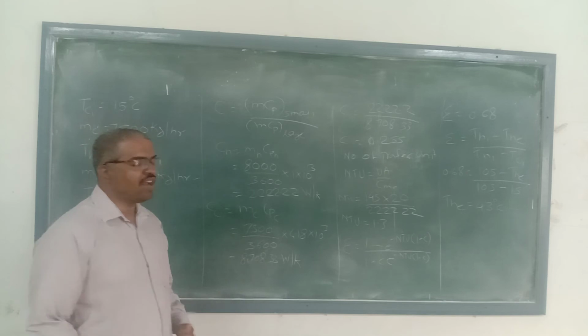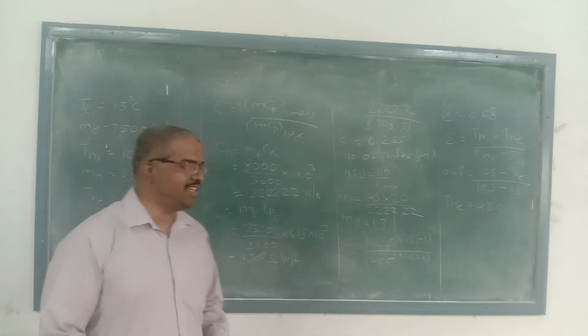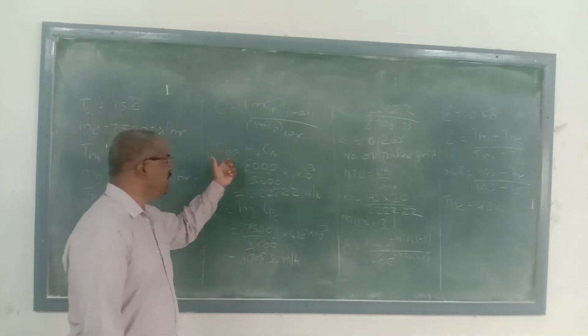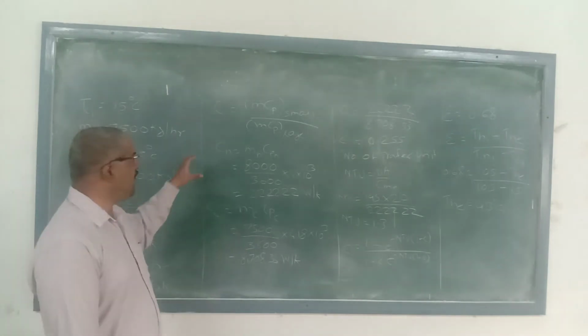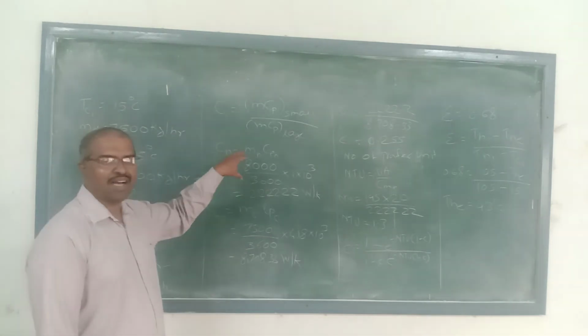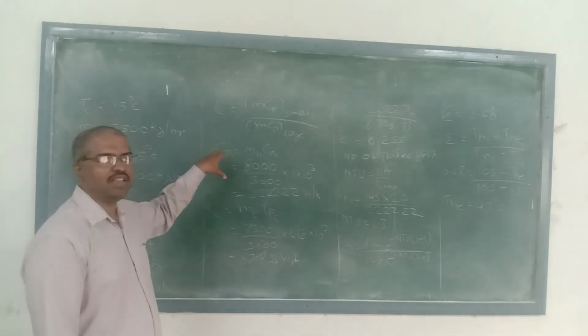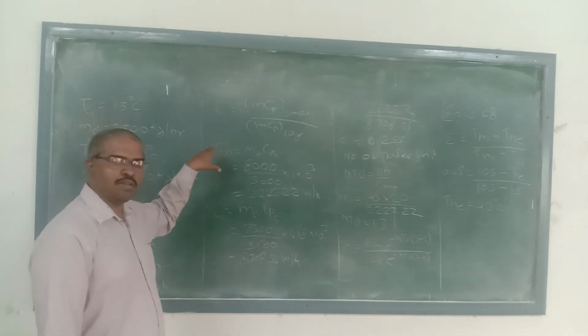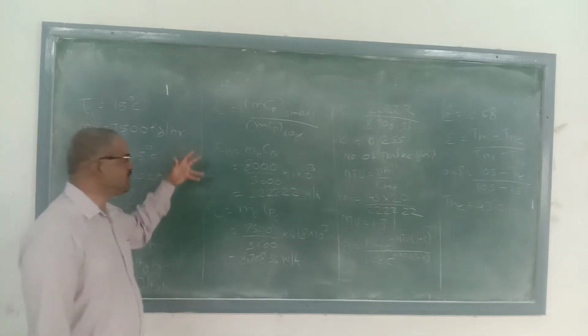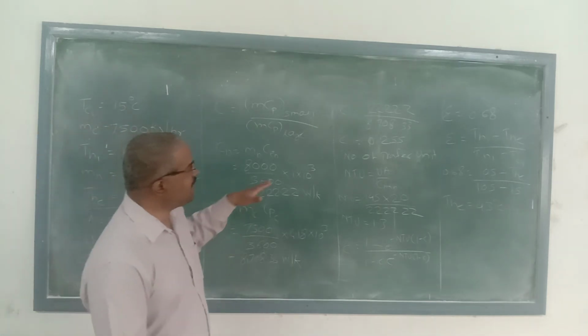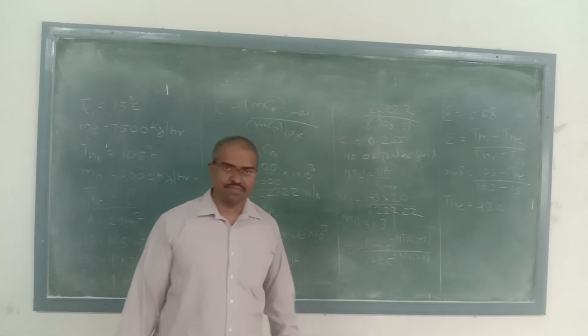For calculating these heat capacities, they have mentioned the mass and specific heat. By using those terms, mass and specific heat, we calculate the heat capacity of the small and the heat capacity of the large. And once you get this, you can easily calculate the term C.